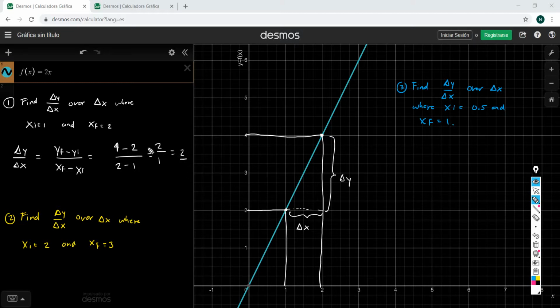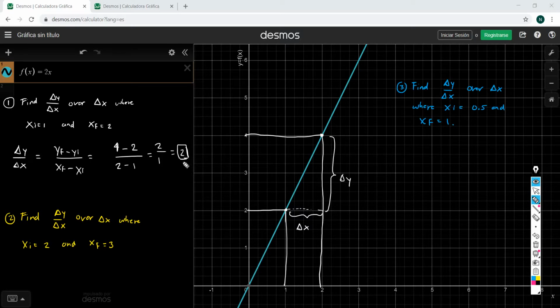There you go. So the average rate of change of y with respect to x over this interval from 1 to 2 is equal to 2. That's the result. Now that we have calculated it, what does that mean?